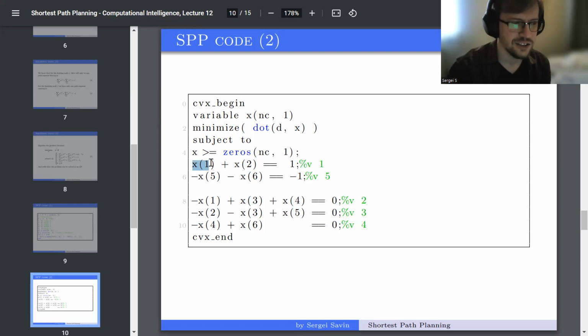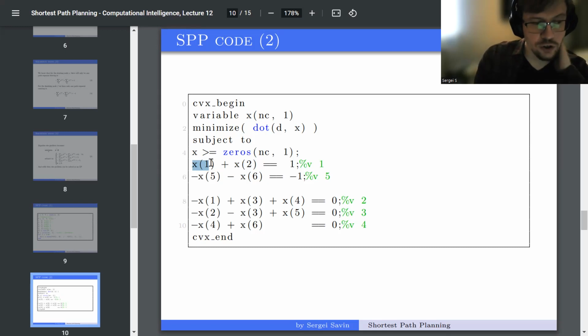For 100 nodes, for a 10 by 10 grid, so your whole map is 10 by 10, not a very fine grid at all, you would have already 800 variables. A lot of variables. So this algorithm can grow in number of variables very fast, and that might not be what you are happy with. So that is a bit of a problem.